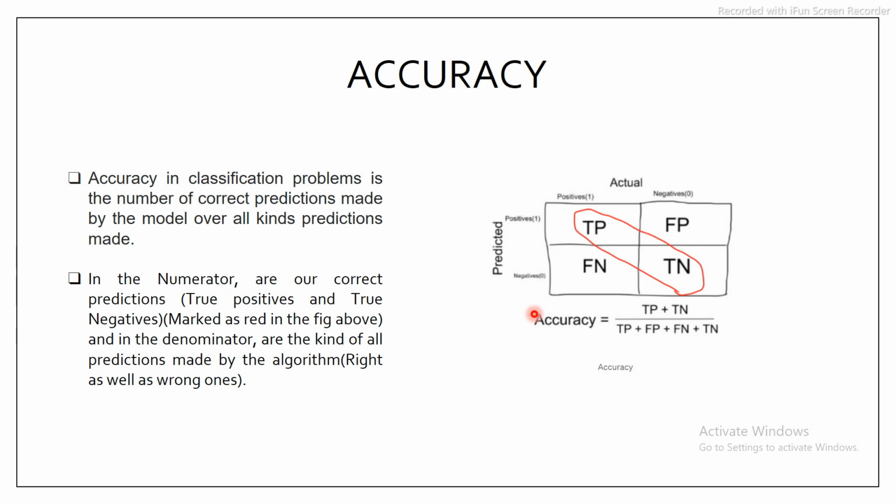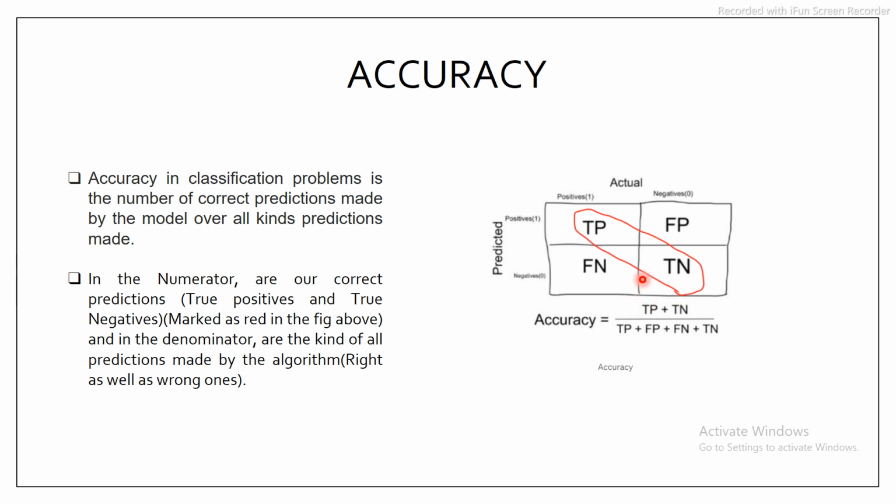In the numerator are the correct predictions, true positive and true negative, which your model has predicted correctly. All the other stuff you add up in the denominator. This will give you how accurate your model is.